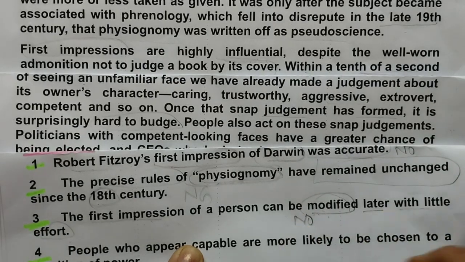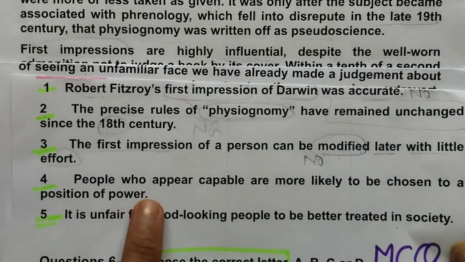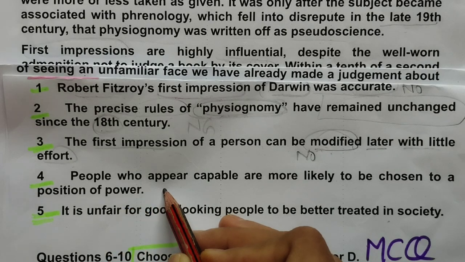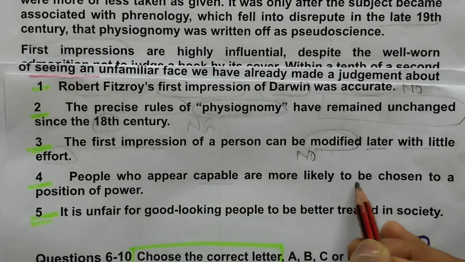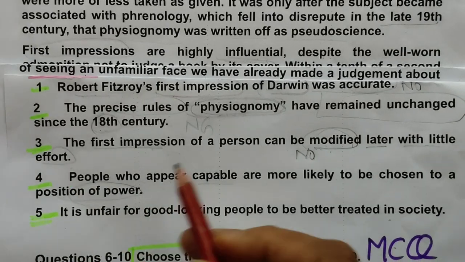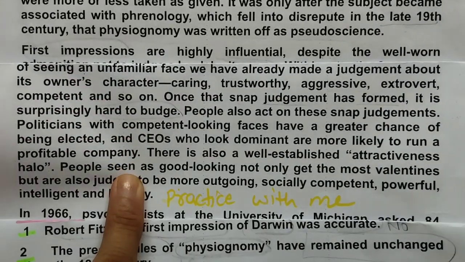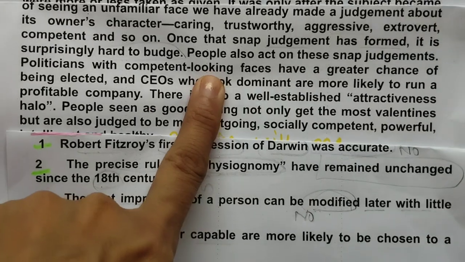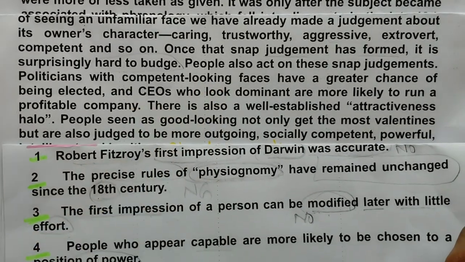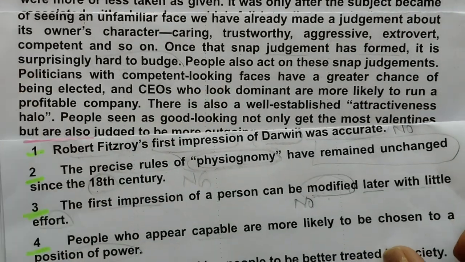Okay, no. Now next paragraph, that is people who appear capable are more likely to be chosen to a position of power. So in the same paragraph we will try to find position. The word people is also here. Politician is power.